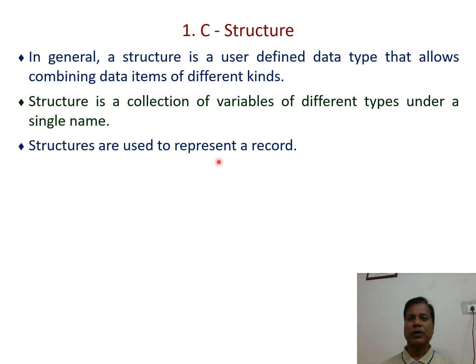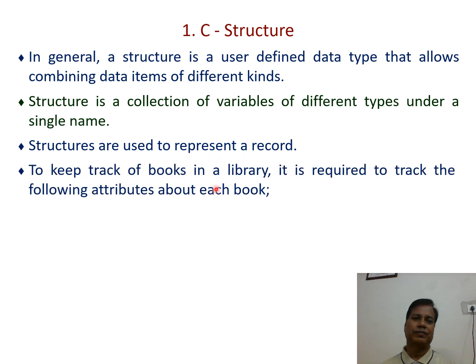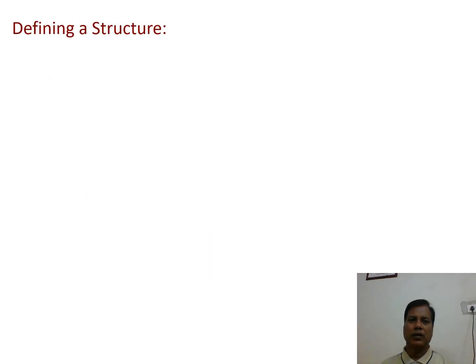Structures are used to represent a record. To keep track of books in a library, it is required to track the following attributes about each book, like title of the book, author of the book, subject of the book, and book ID.